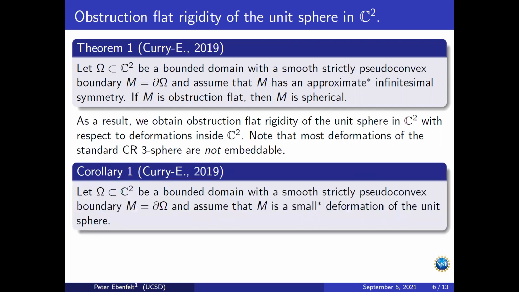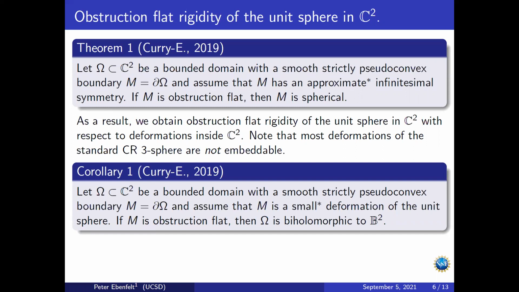Okay, so here's the result. Rigidity result: if you take a small deformation of the unit sphere inside C2, if it's obstruction flat, then the domain has to be biholomorphic to B2. In fact, it's slightly stronger than saying the boundary is a sphere. Now, I wanted to emphasize here that in this lowest dimensional case, most deformations of the standard three-sphere are not embeddable.